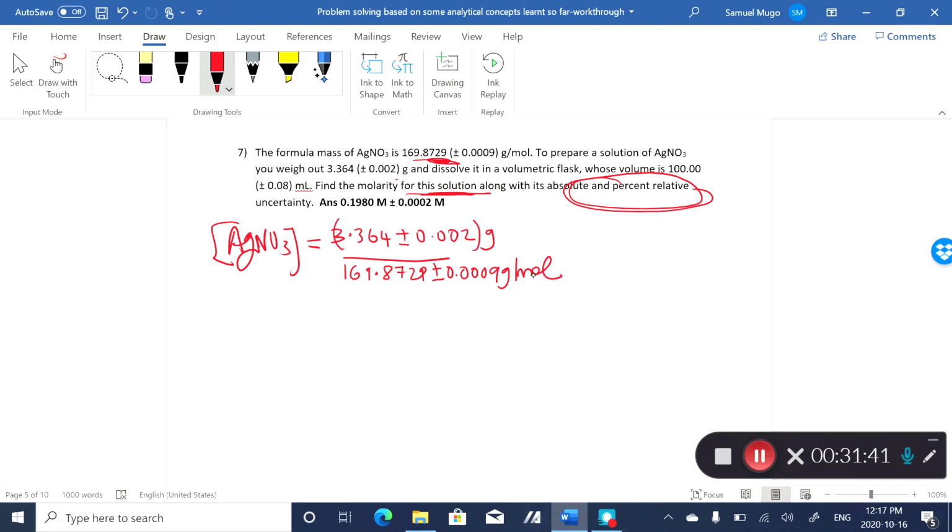And we know the volumetric flask that we are using is 1 liter, and so this is 0.1 plus or minus 0.0008 liters, because remember what we had here was 100 mL.